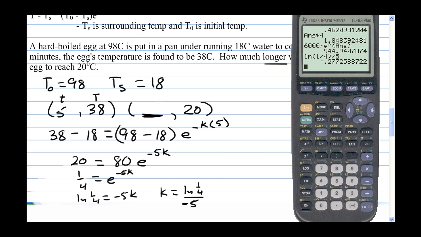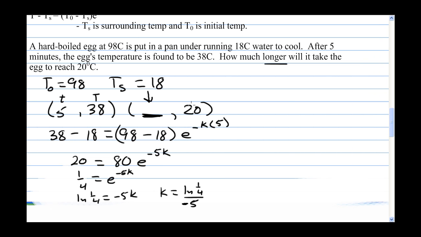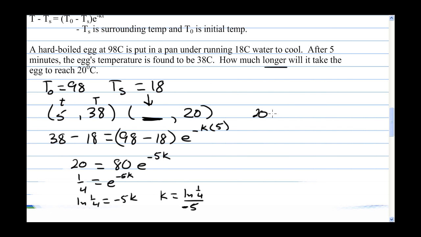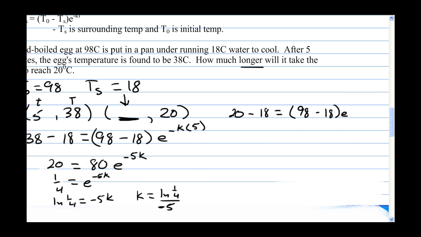Well, we're going to use k to predict the time to reach 20 degrees. So we have, in this case, 20. Now that's the temperature that we're looking at. That's T, minus the surrounding temperature, which is 18, equals the initial temperature, which is 98, minus the surrounding, which is 18, and then e to the, let's see, what was the value?